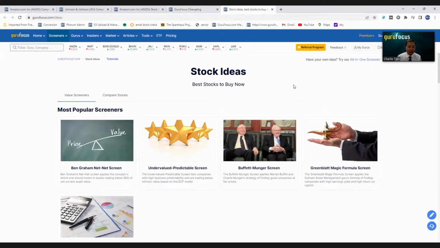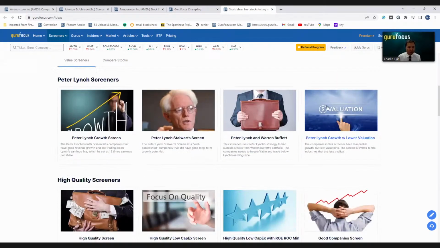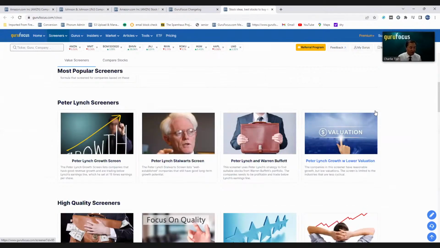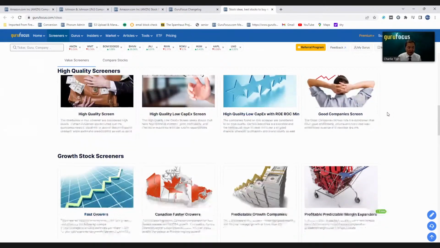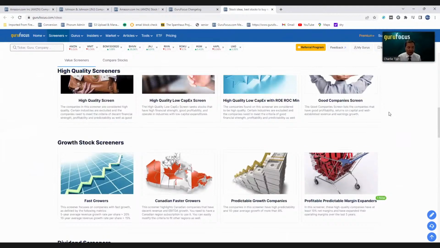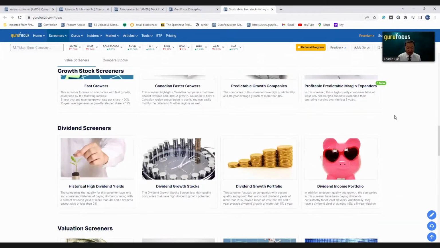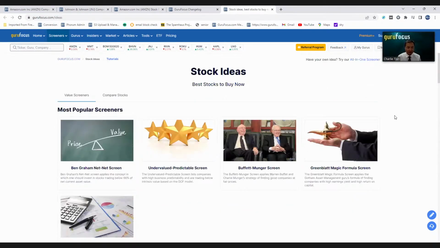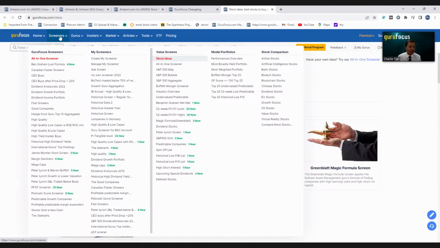We created a stock idea page, which lists and explains all the screeners we have, what they are and how they are structured, things like that. And they are all linked under this screeners manual. If you come to the screeners manual here, these are all the different pre-existing all-in-one screeners.